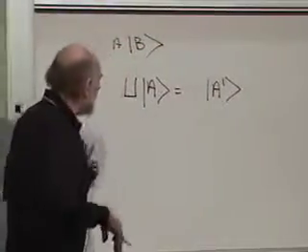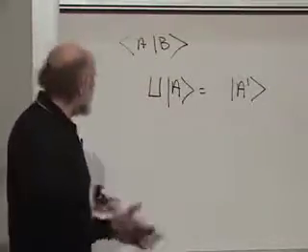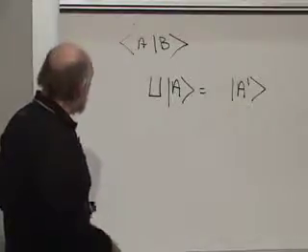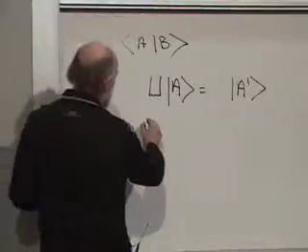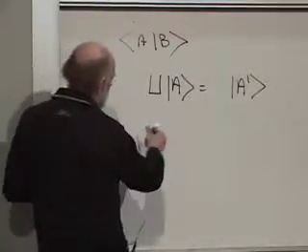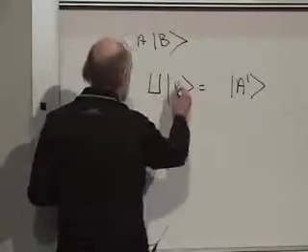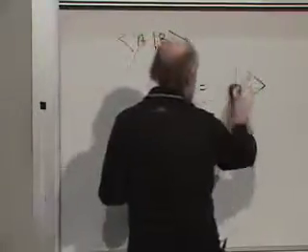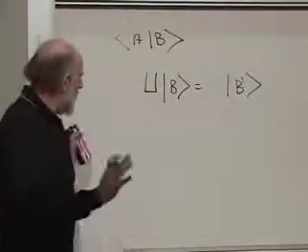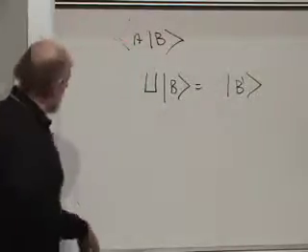For every A, there's an A prime obtained by acting with some linear operator called U. Of course, I should have written B here: U on B equals B prime. B and B prime are just labels. They could run over any vector in the vector space.